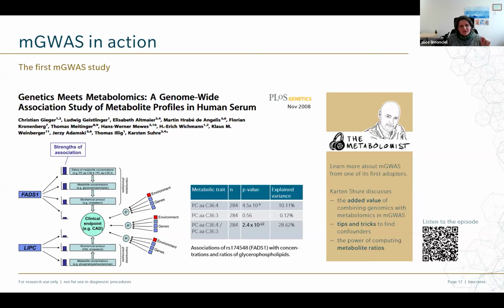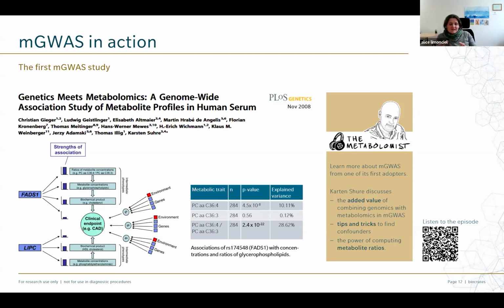It was still 2008, so we were not at the stage where we have millions of people in a single study. But already with a few hundred people, using metabolomics, they had some significant associations with lipids that were associated with SNPs for a gene related to lipid metabolism.